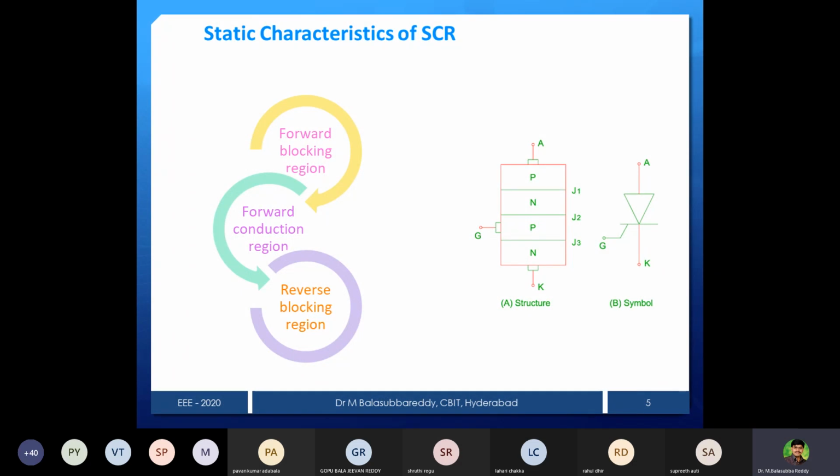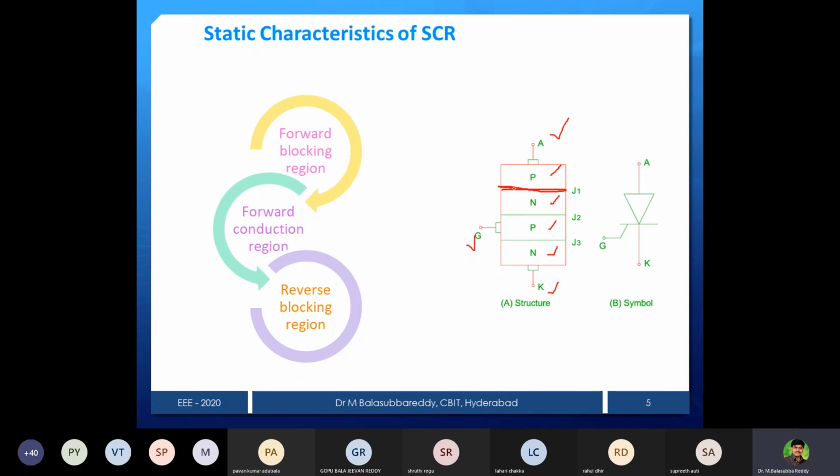So now we can see what the 4 layers are. The layers are P, then N, and P, N. So these are the 4 layers: P layer, N layer, again P layer and N layer. 4 layers, 3 terminals. These are the 3 terminals, and 3 junctions. What are the junctions?